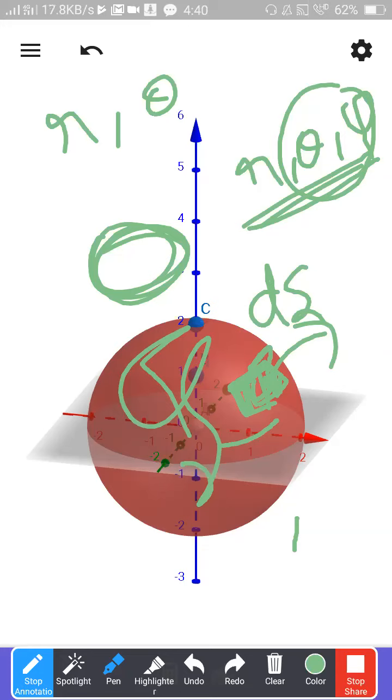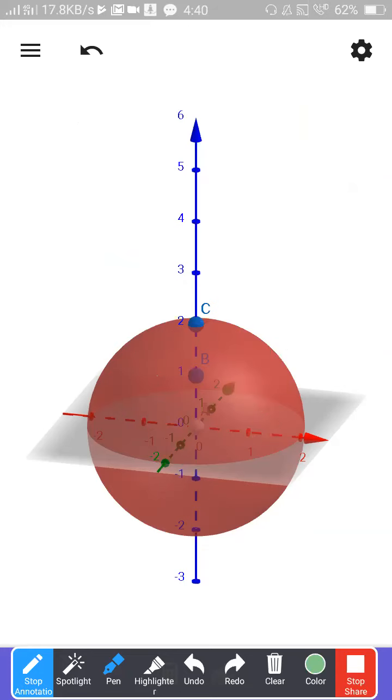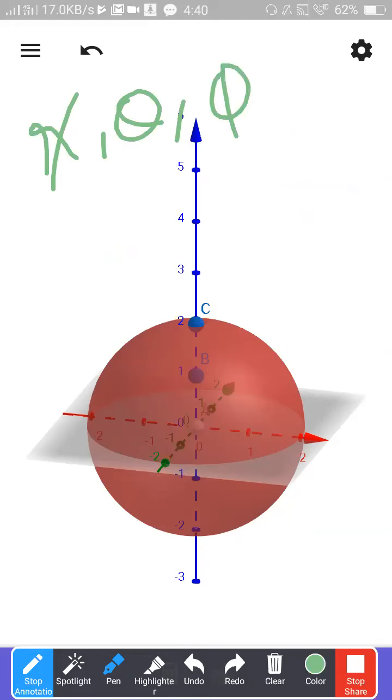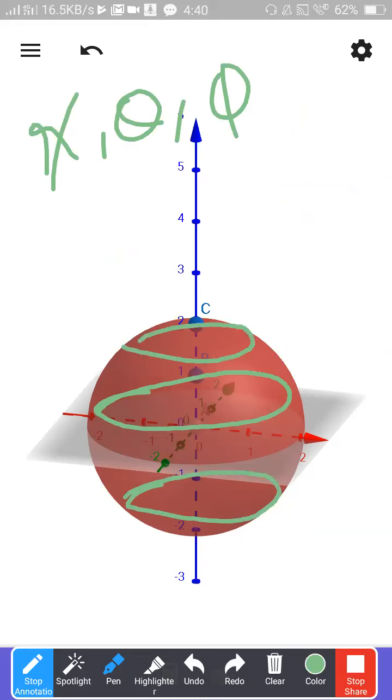For simplicity, r is already fixed. Once you fix theta, you will get a circle like this. You can draw many circles like this on the sphere.